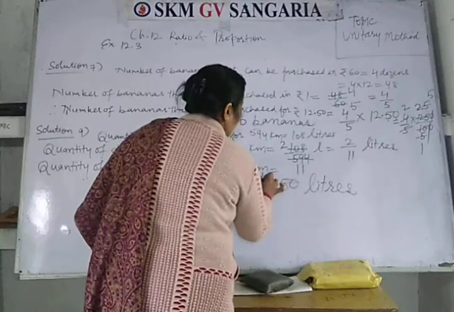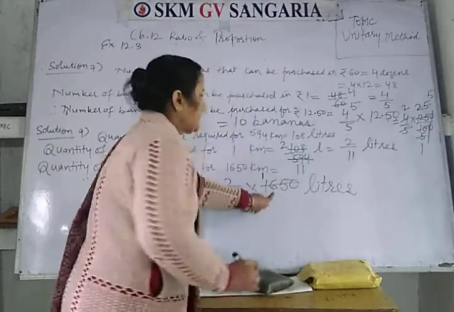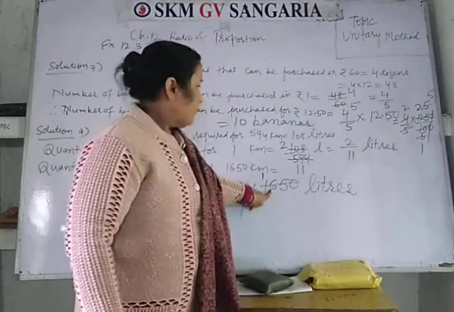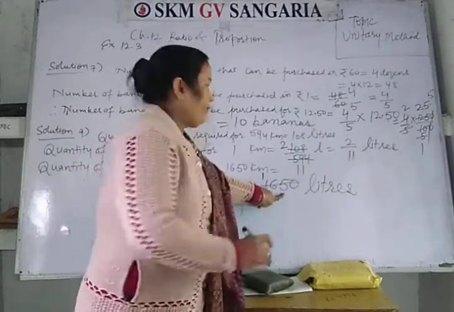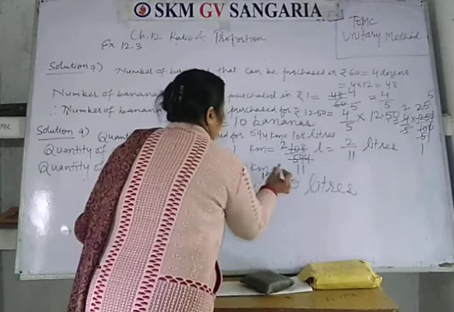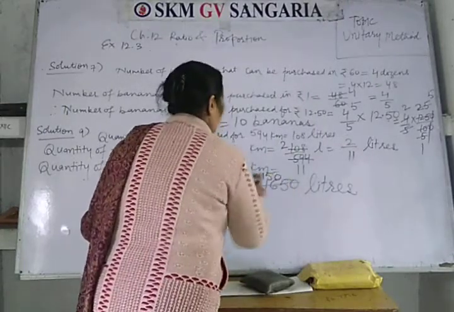From 16, 11 is taken, remaining 5. 5 and 5 will make 55. 11 fives are 55, and along with 0.